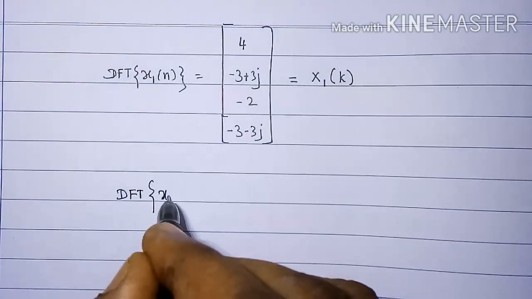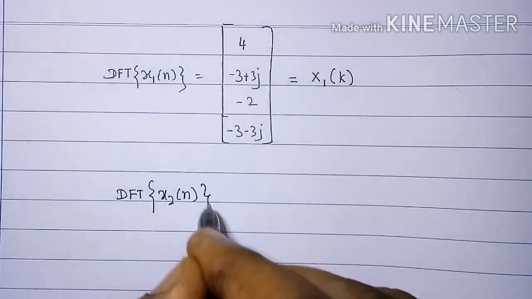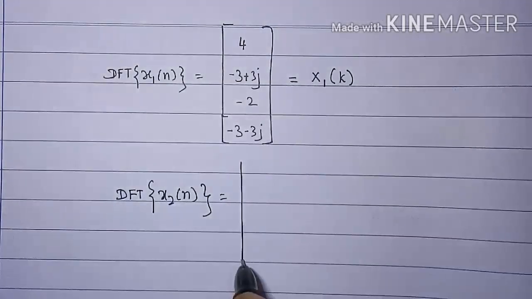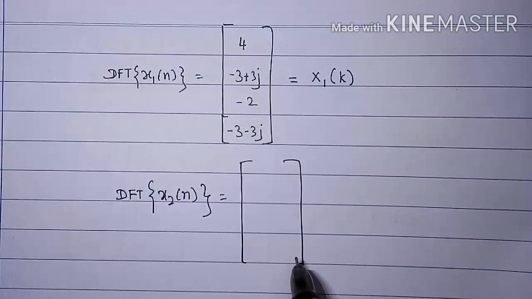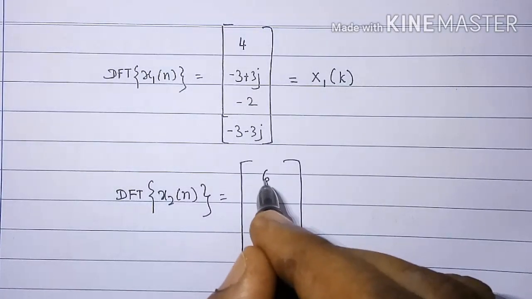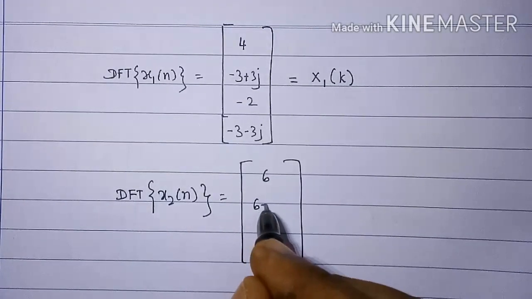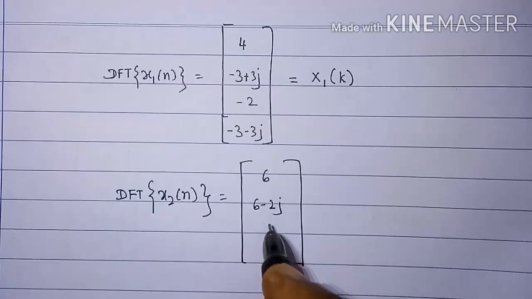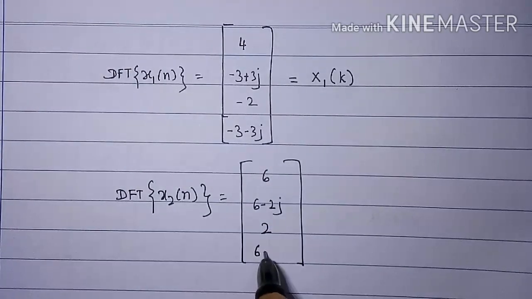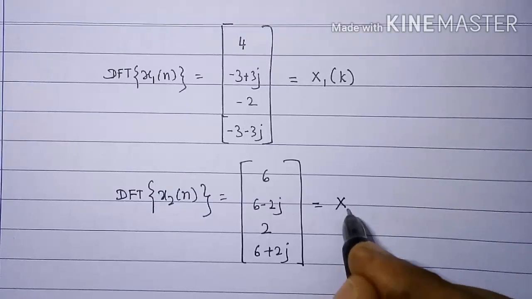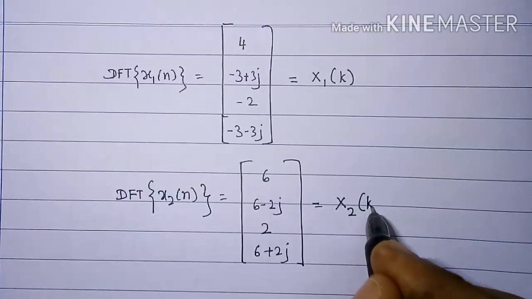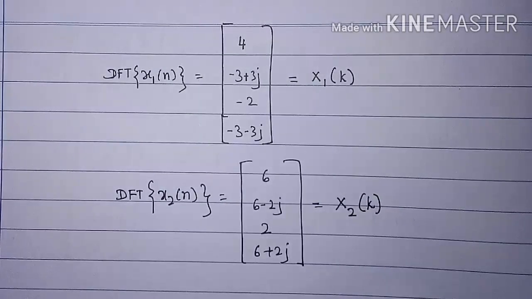DFT of x2 of n equal to 6, minus 2j, 2, 6 plus 2j. Let us call this as x2 of k.